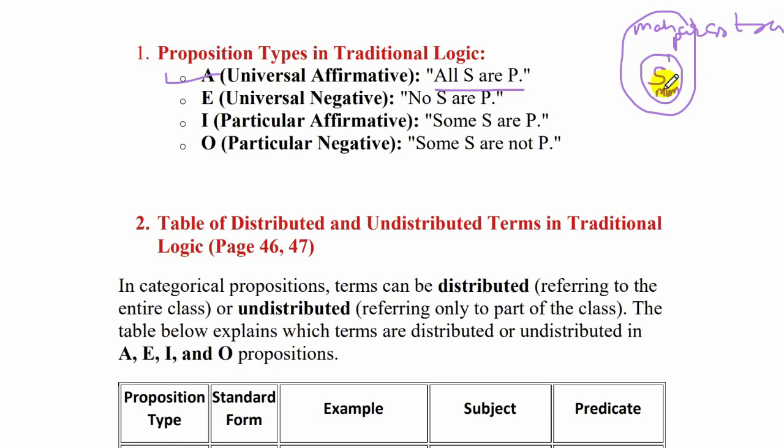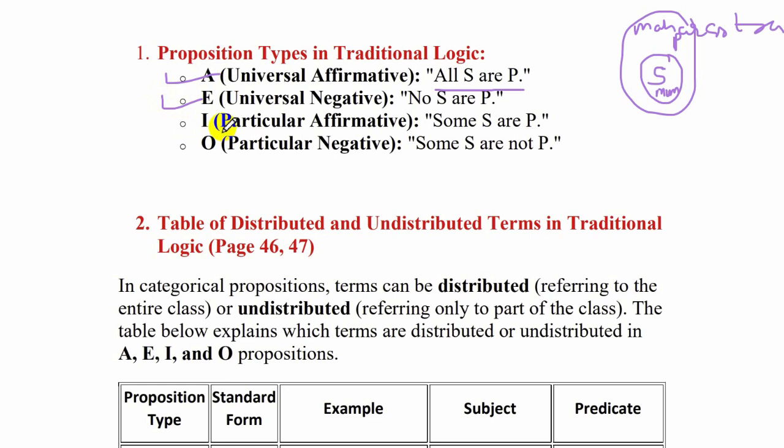Whereas Maharashtra, of which only some part comes under Mumbai, is known as undistributed, meaning it is not distributed to all members. Some members are outside Mumbai also. That is why we say that the distributed term is the subject part, that is Mumbai, and the undistributed part is Maharashtra.